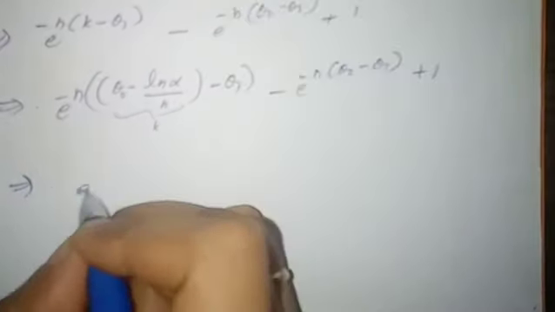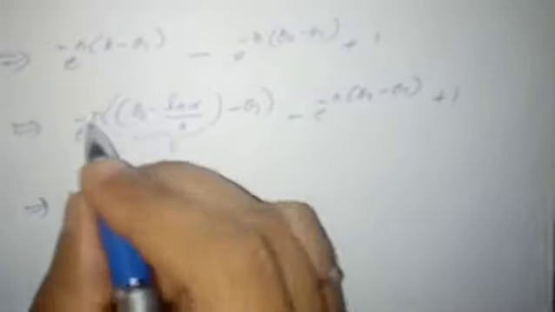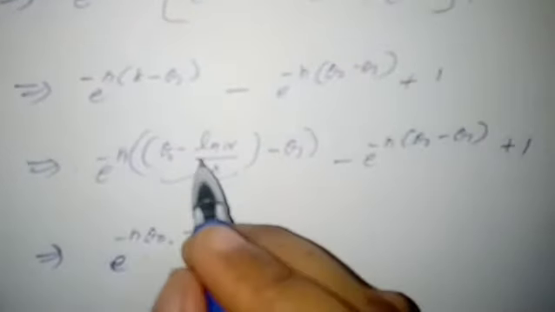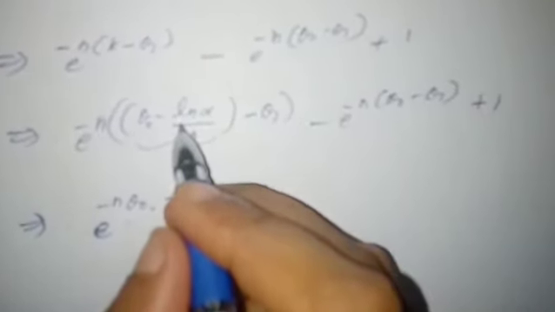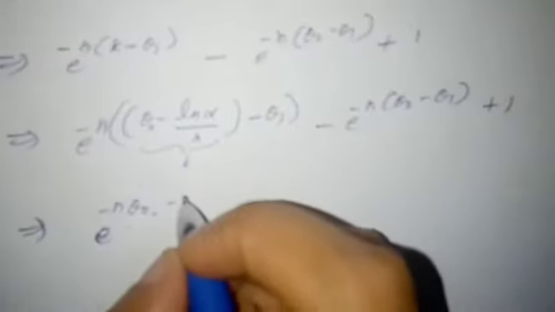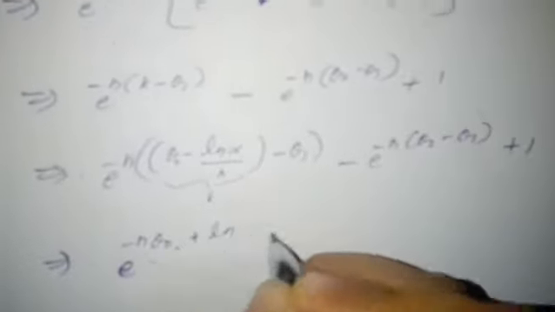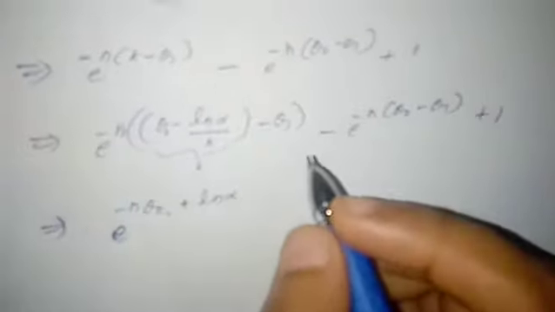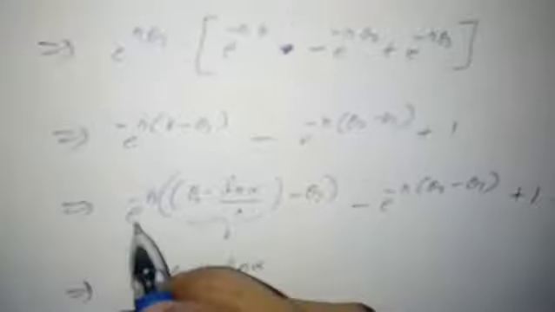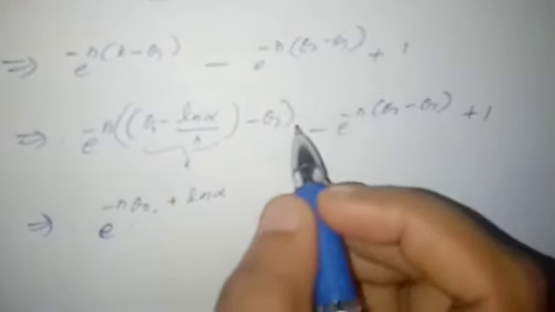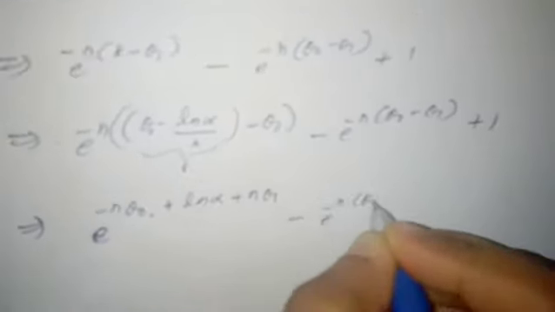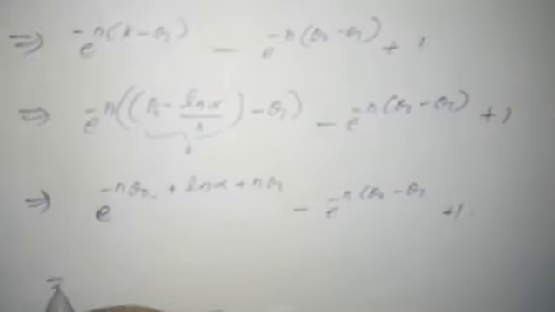You can write this term as e power minus n theta naught, minus n into this term plus ln alpha, minus n got cancelled, minus and minus then plus, and also e power minus n into minus theta 1, that is plus n theta 1, minus e power minus n theta naught minus theta 1, plus 1.